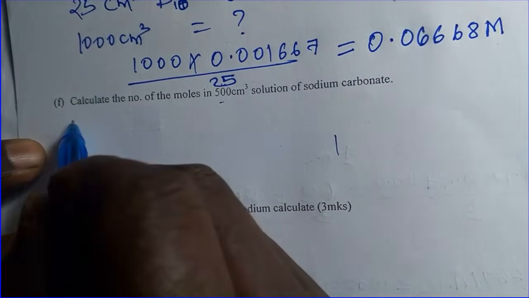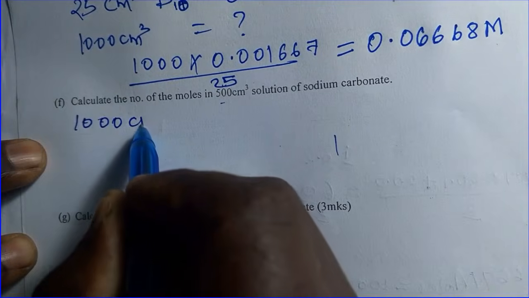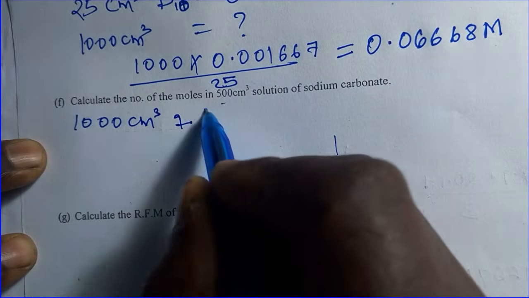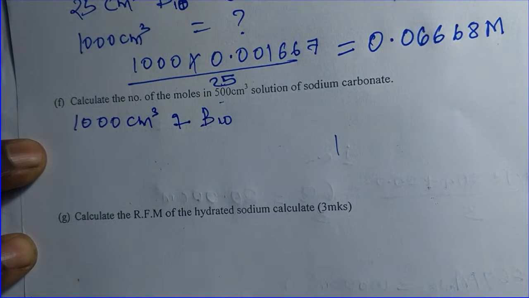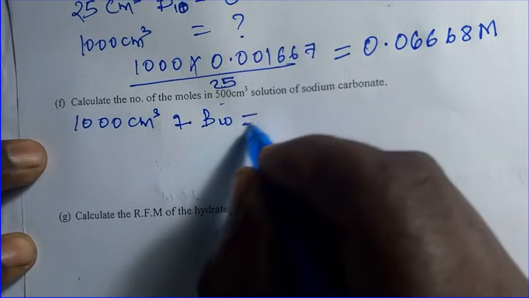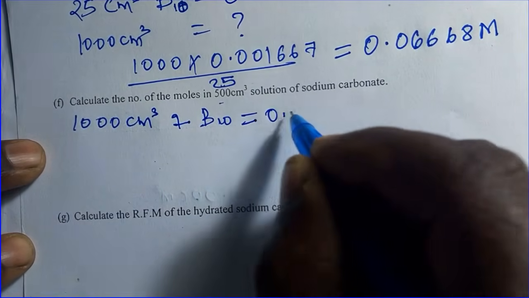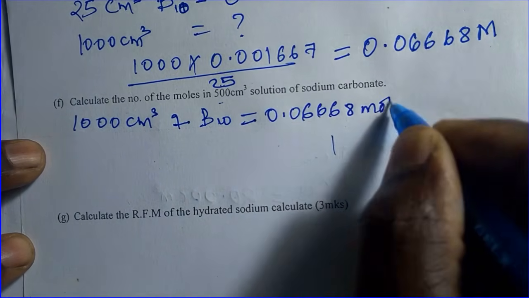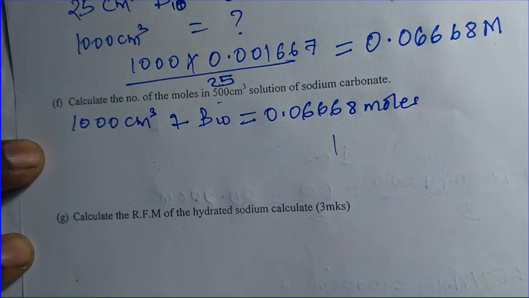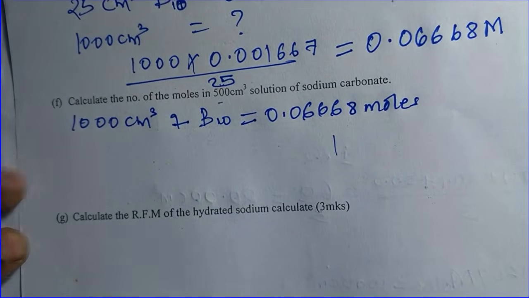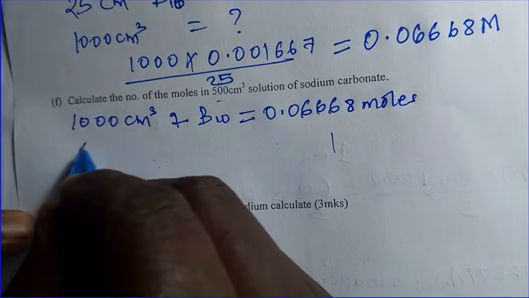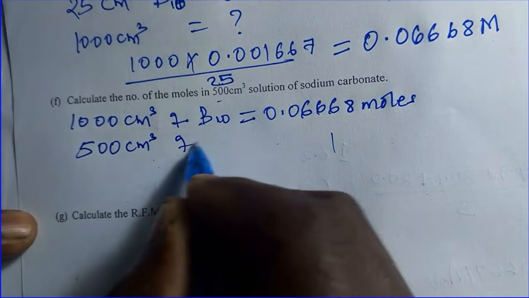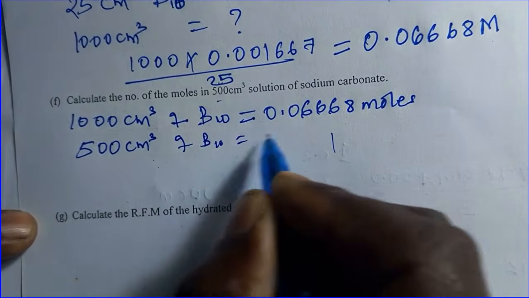So 1,000 centimeters cube of the carbonate, P10, has got 0.06668 moles. Now, is it difficult for us to get the moles in 500 of the same solution? Not at all. Very simple.